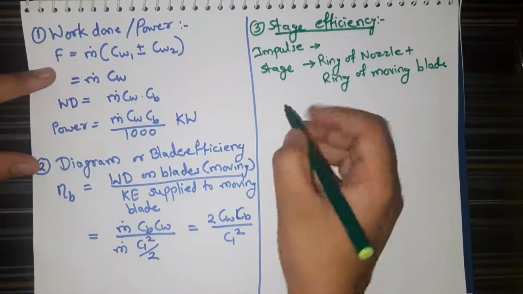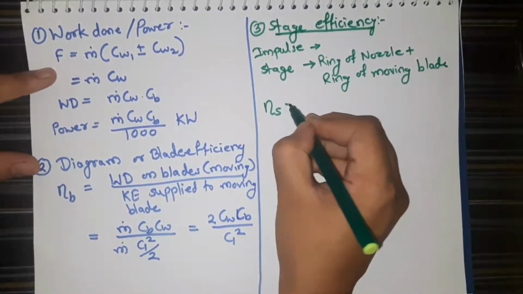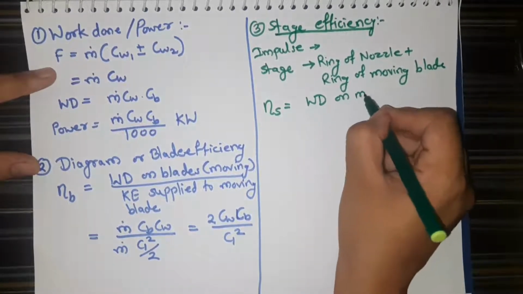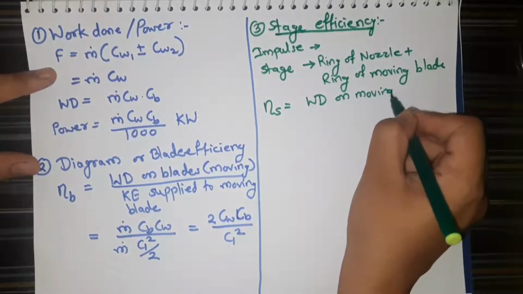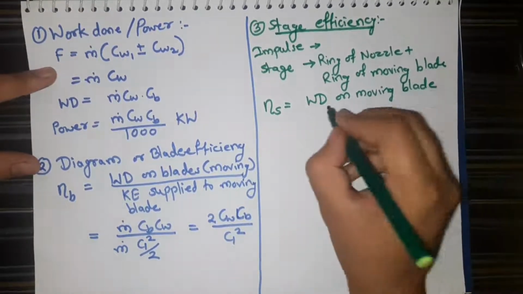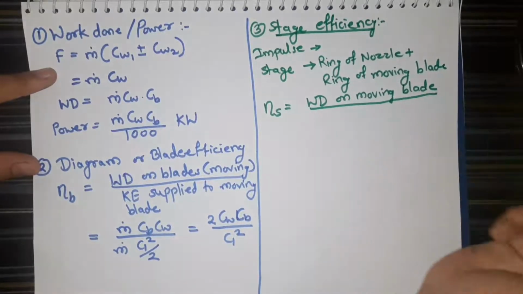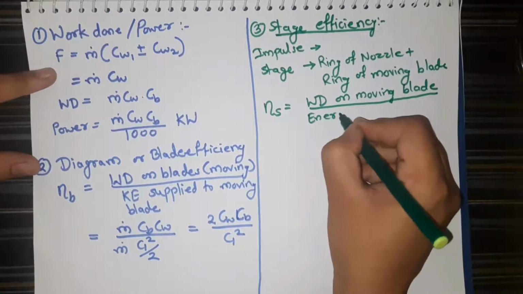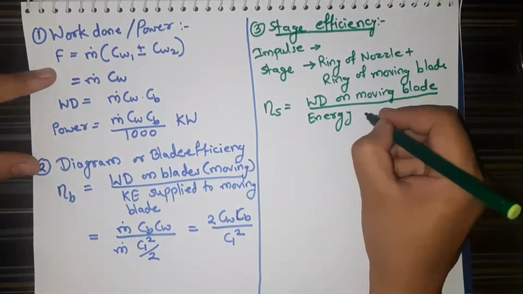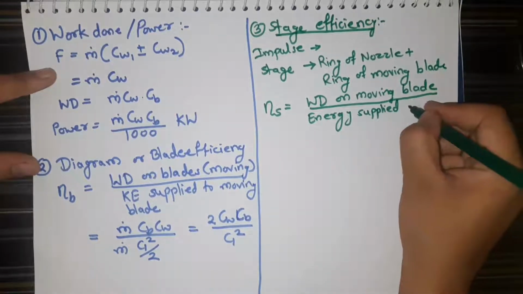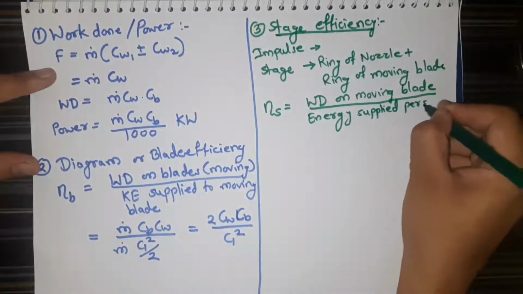So the stage efficiency will be equal to the work done on the moving blade, which is the output of that particular stage, to the energy supplied per stage.